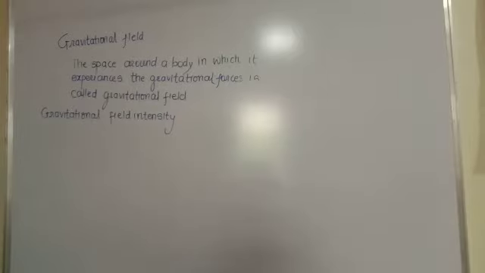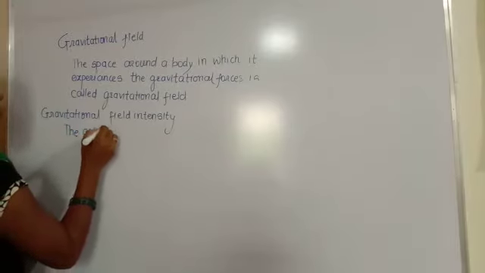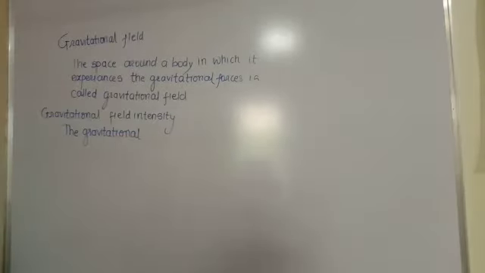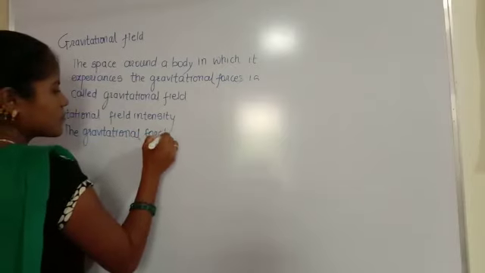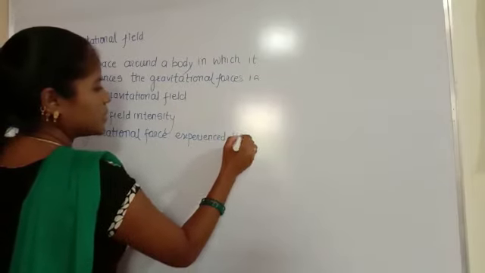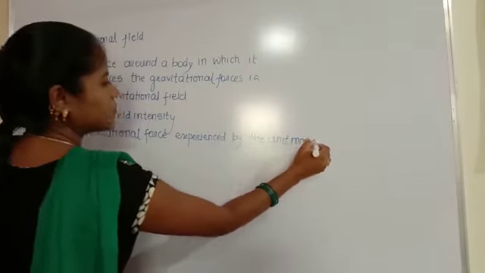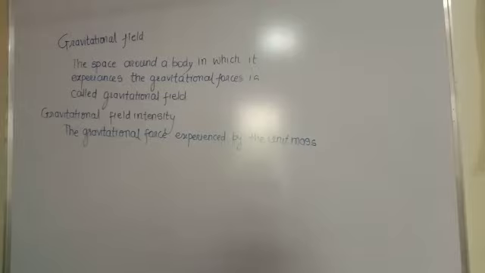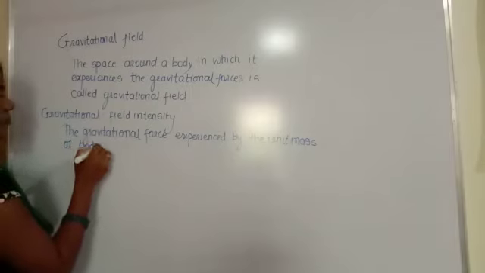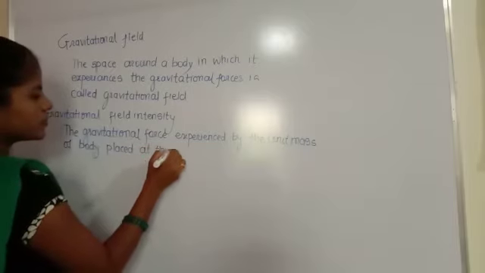The gravitational field intensity at a point is the gravitational force experienced by the unit mass of the body placed at that point.